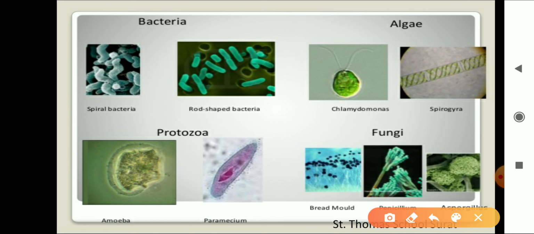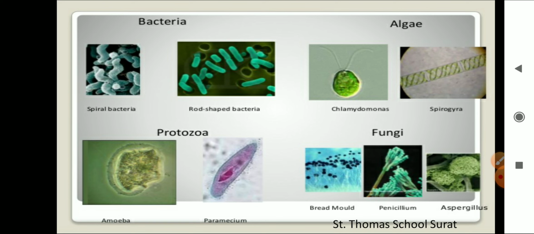And see here, bread mold, you can see the black rounded patches with your naked eyes. Have you seen like that in your bread mold? No? But with the help of the microscope, you can see such type of black patches on that. Then penicillium, aspergillus. These are the four main types of microorganisms: bacteria, algae, protozoan, and fungi.